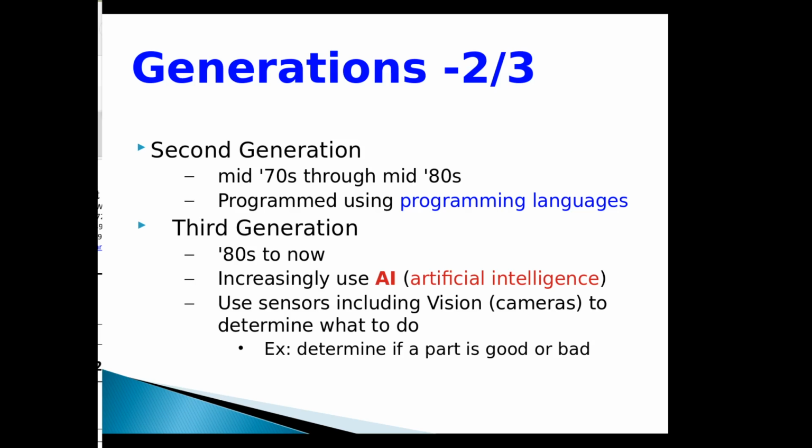Starting in the mid 70s, they started using standard programming languages, and they still do to this day. But the third generation also is increasingly using AI, or artificial intelligence, methods. They also use more sensors, including vision camera systems, to determine where the part is and whether the part's good or bad.